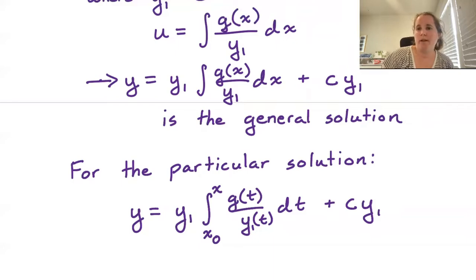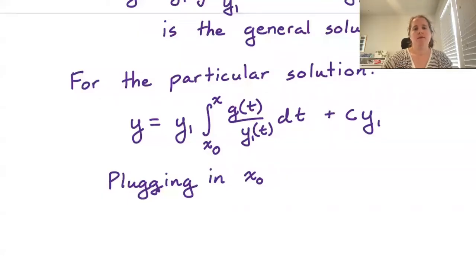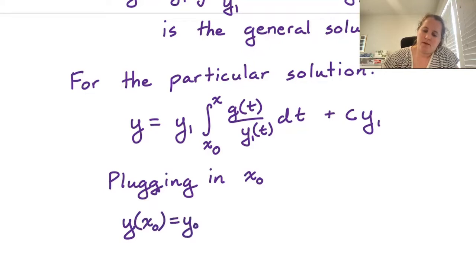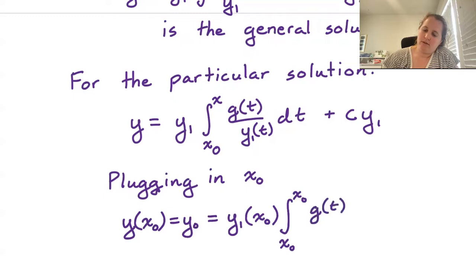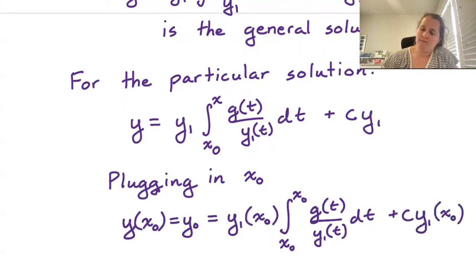Plugging in x naught, we have y of x naught, our y naught, is y1 of x naught times the integral from x naught to x naught of g of t over y1 of t dt plus c times y1 of x naught.